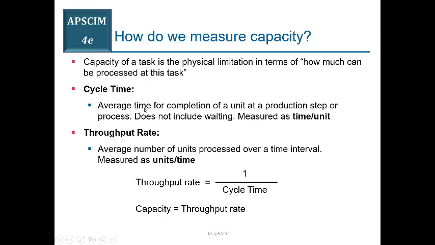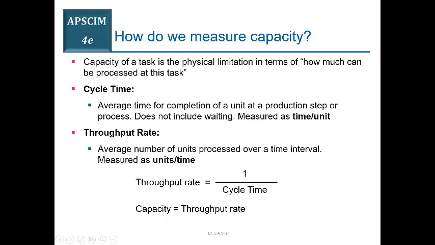So cycle time is the average time for completion of one unit, a production step or a process, and it normally does not include the waiting time. And normally cycle time will be measured as time per unit, like 5 minutes per unit or 10 minutes per unit.